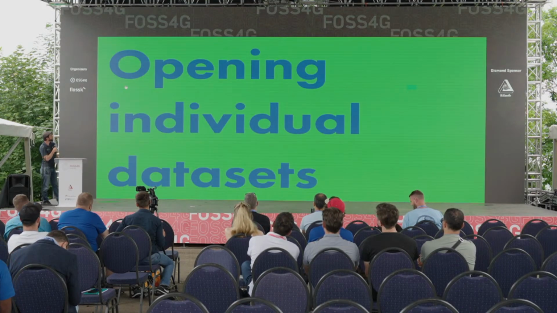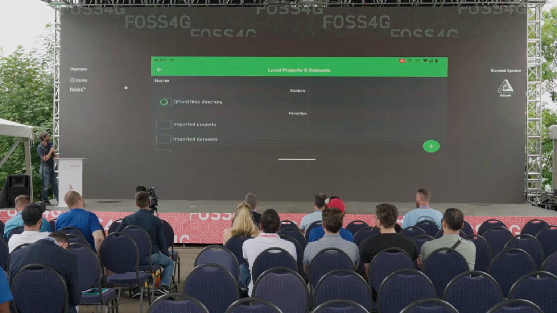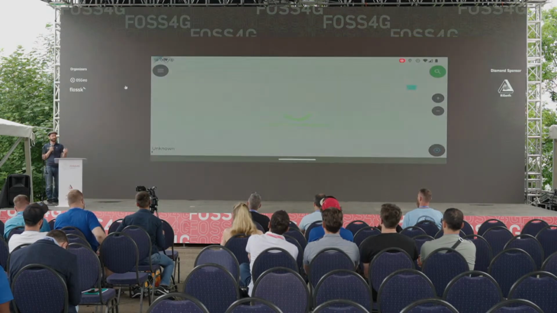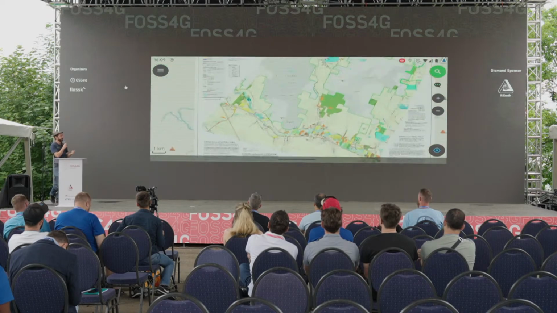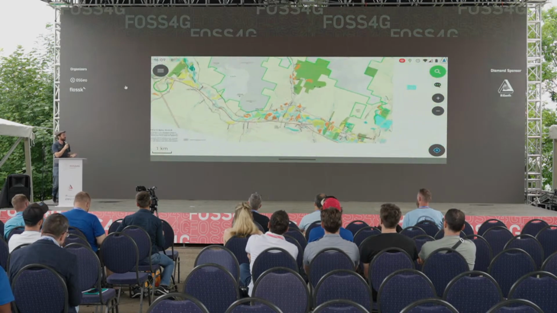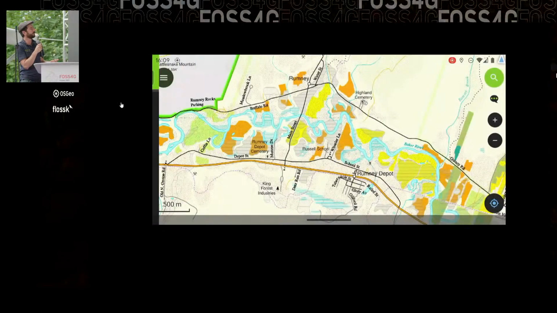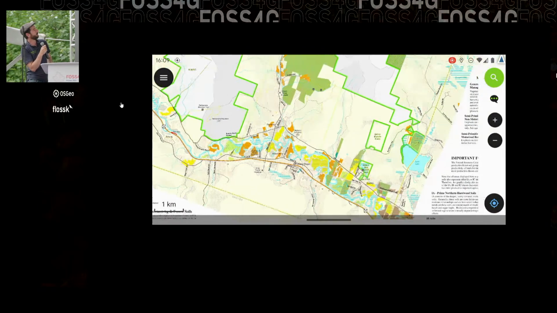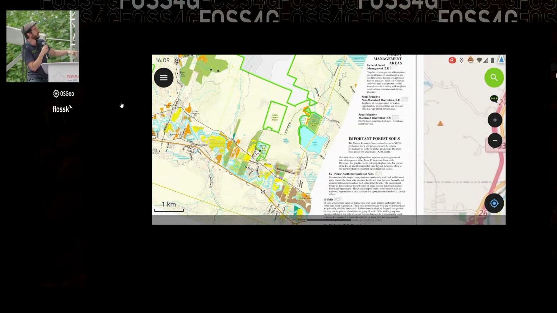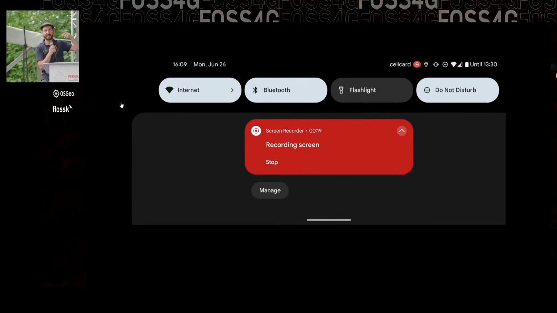I need to go faster, so. You might have heard that there is a QField Cloud which you can use to share data, but for us it's always important that we don't lock users into our systems or services, even if we really love that people use it. It's also possible to just export and import.